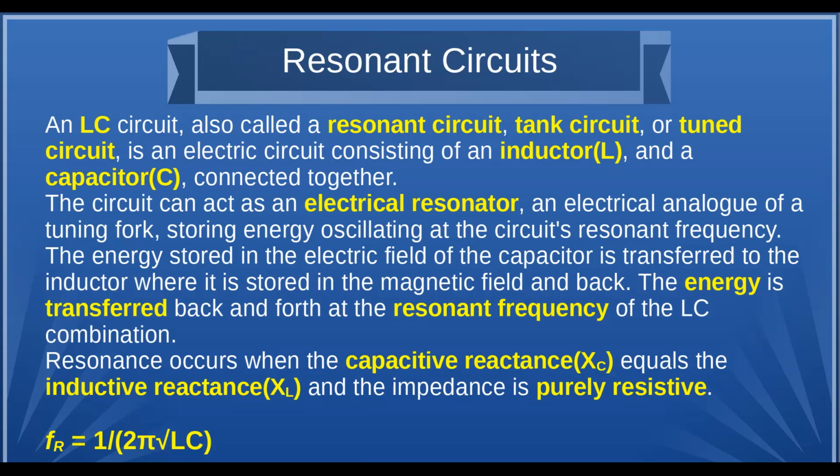Hanging in. Okay. All right, we want to talk about resonant circuits. So if we take an inductor and a capacitor and we put them in series or parallel, we call it a resonant or a tank or a tuned circuit.